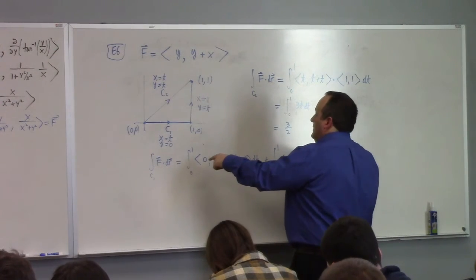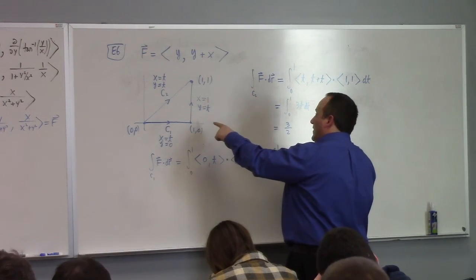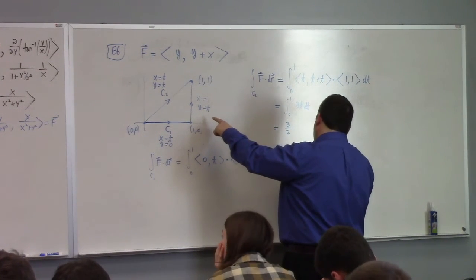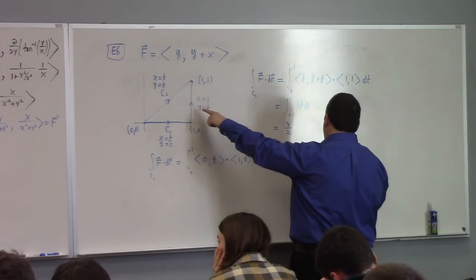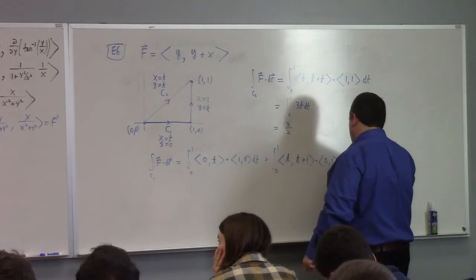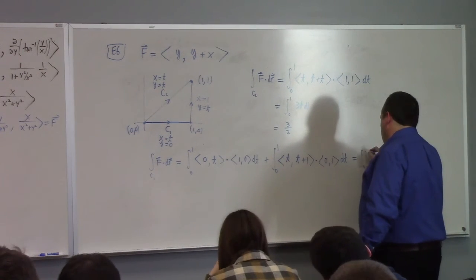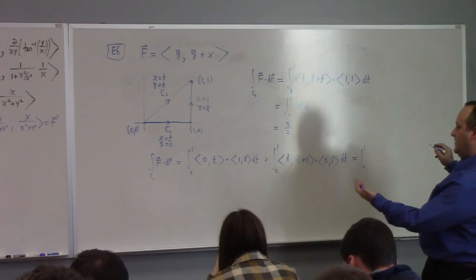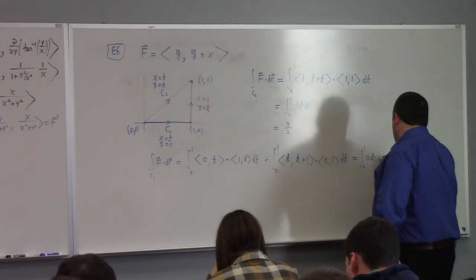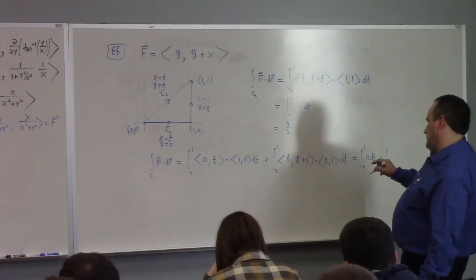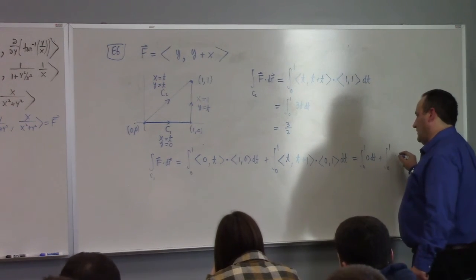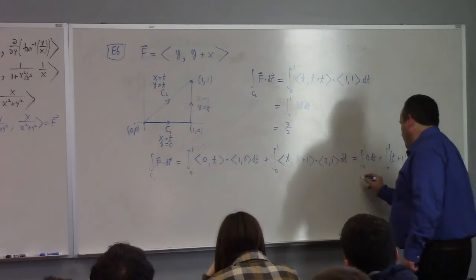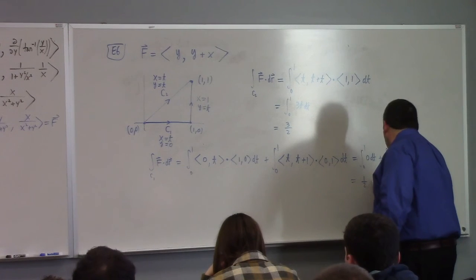So I get (t, t plus 1). The velocity here is (0, 1) on that vertical line segment. So we've got the integral from 0 to 1 of 0, well, that's easy, plus the integral from 0 to 1 of t plus 1. Now, if this works out to be the same, I'm going to be very annoyed. It better not, though. This is 1/2.